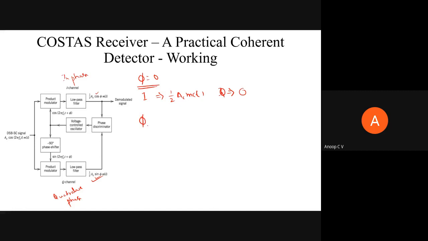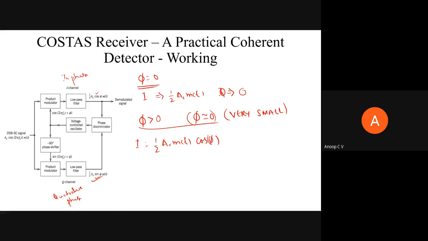But what happens if phi is greater than 0, a very small value? Imagine there is a very small phase error, with phi slightly greater than 0 and almost equal to 0. At that time, in phase it will be half AC times m of t into cos phi.